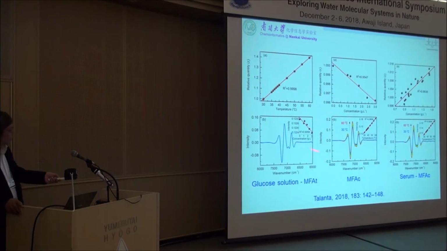And these two figures are obtained from the prepared solution. And this figure is obtained from the serum samples. We can see the straight line can be obtained, not so perfect as this one, but it is acceptable. It can be used to predict the concentration.